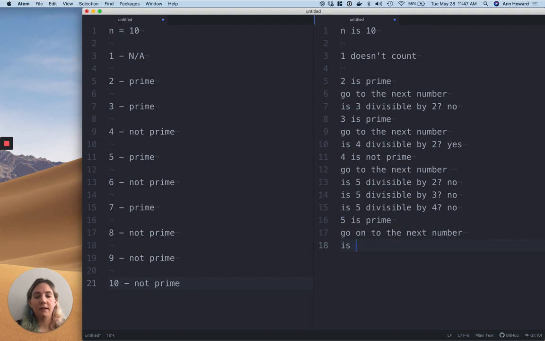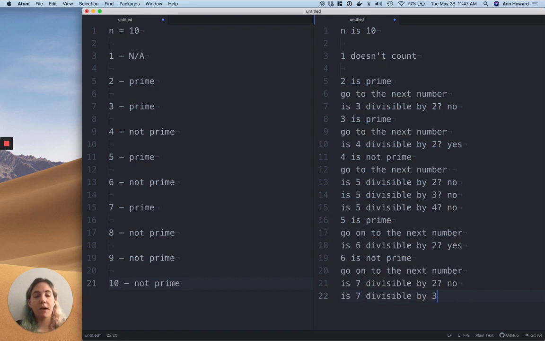6. Is 6 divisible by 2? Yes. 6, then I determined, is not prime. Go on to the next number. Is 7 divisible by 2? No. Is 7 divisible by 3?